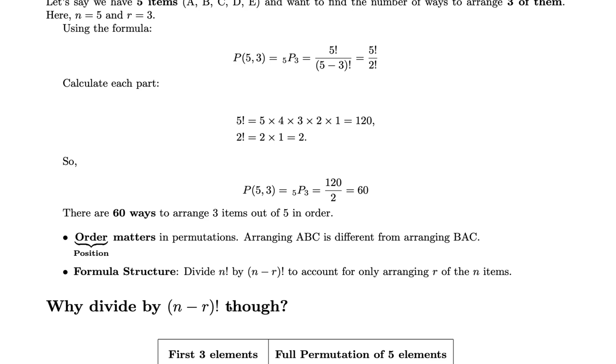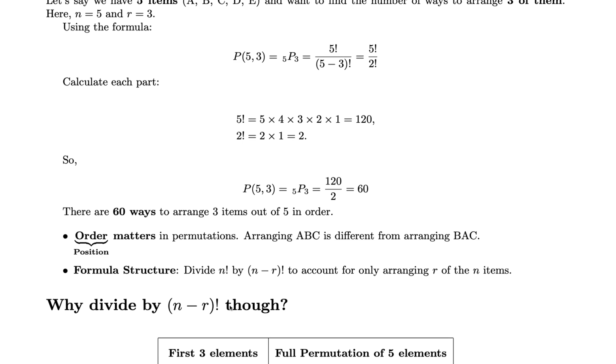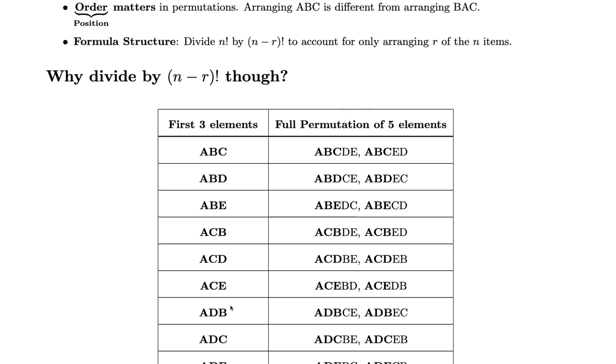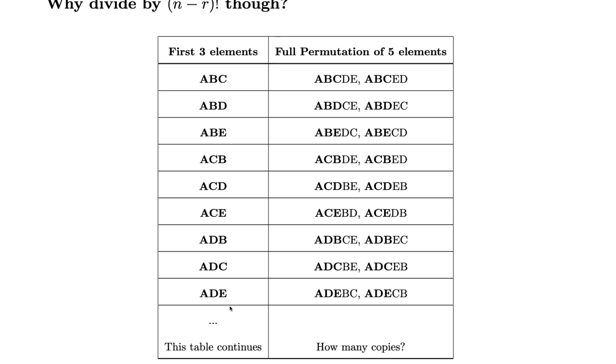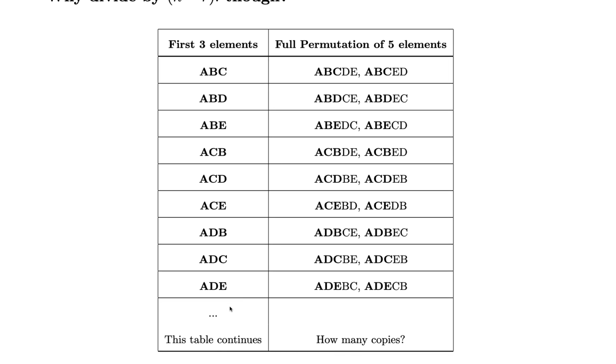And I'm going to walk you through a process that may give us a hint on how we can think about it. So I'm going to move through this table here, and we'll say, okay, we do have 5 items that we're going to arrange, but we're only taking the first 3. So you imagine, let's do a full permutation.